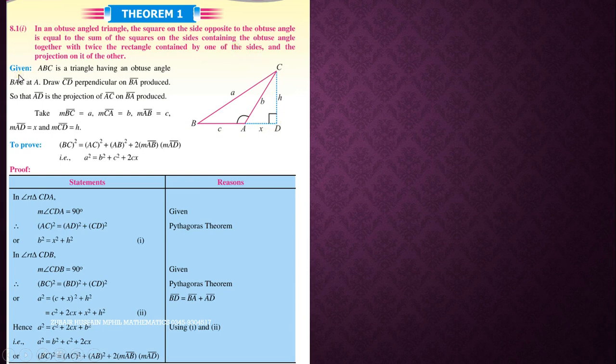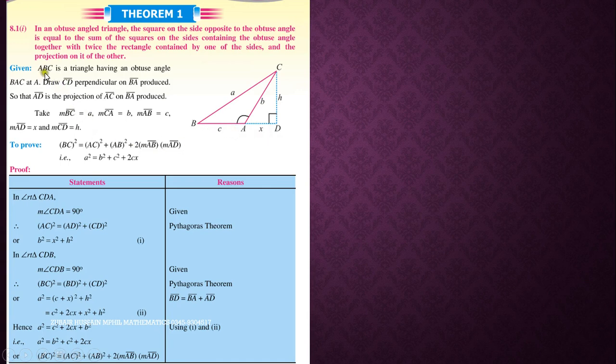Here the given part of this theorem is that it is an obtuse angle triangle, and we have to prove that the square of this side is equal to the sum of the squares of these two sides and 2 times this side, which is one side of the rectangle.